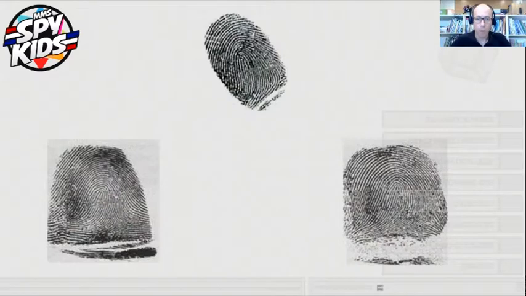Here are some random fingerprints, but we are not the only one having fingerprints. Animals have fingerprints too. Do you know which one is human? Only one of these three is human. Do you know which one it is? That one was a koala.